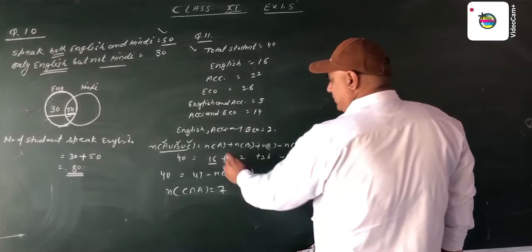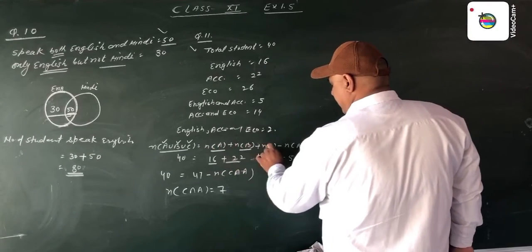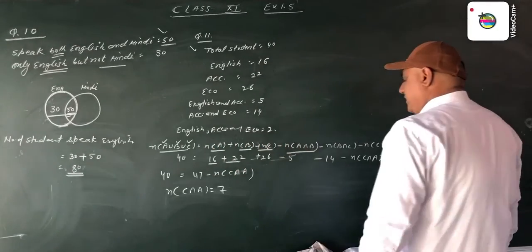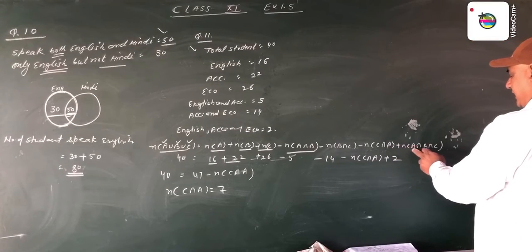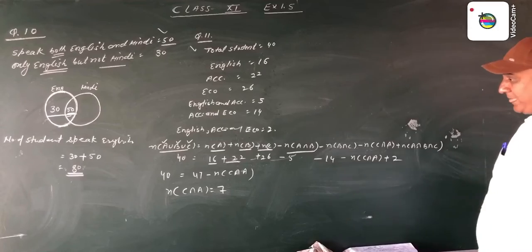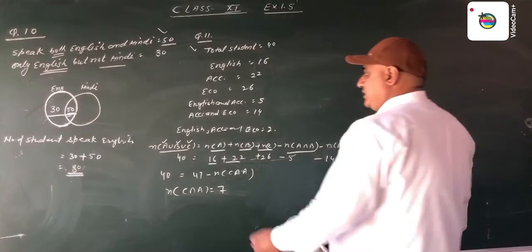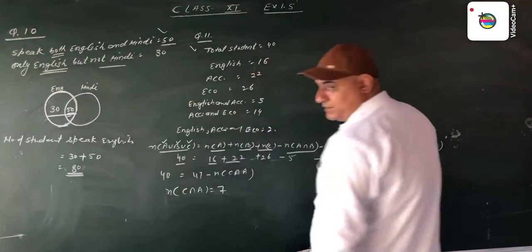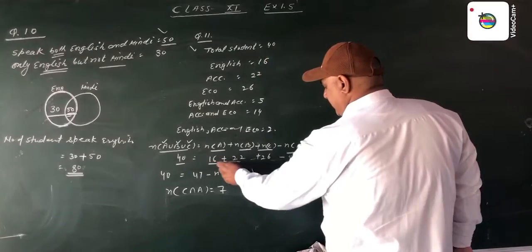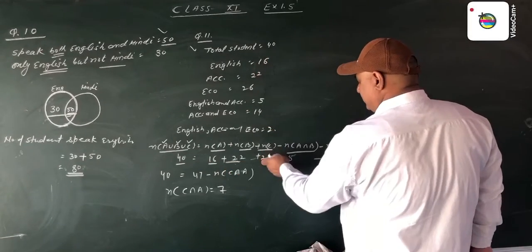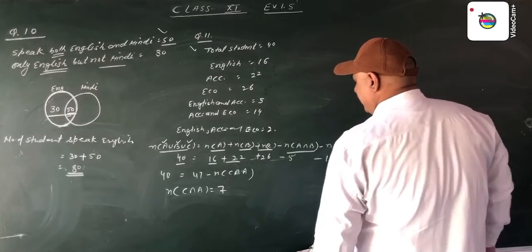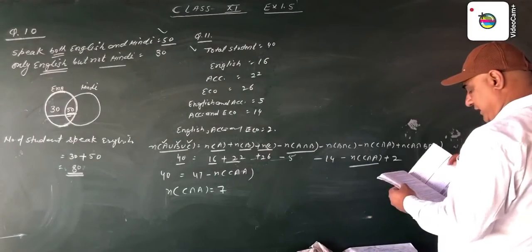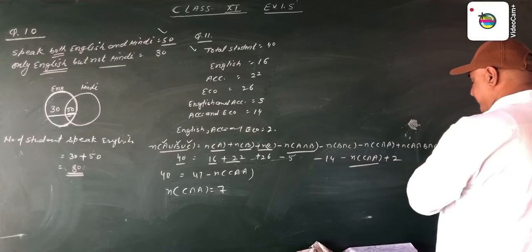Now it is equal to n(A) plus n(B) plus n(C) minus n(A intersection B), n(B intersection C), n(C intersection A) plus n(A intersection B intersection C). Now we put in the values of these. These are the 40 students. These are the 16, 22. We put in the values of these. Now this is the number of students in economics, English and accountancy, plus 2.